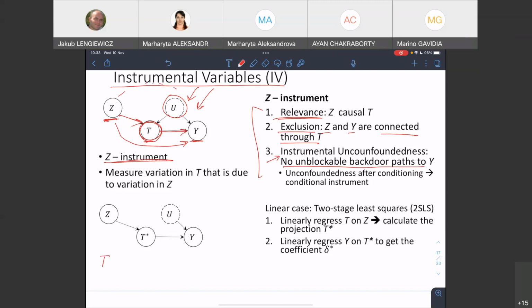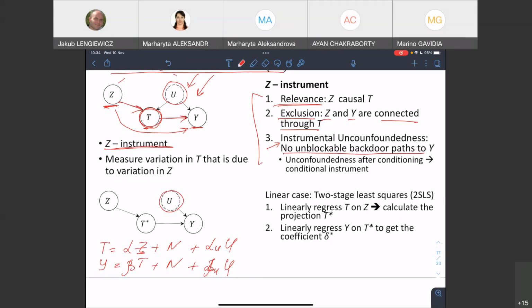That is, T is a linear function of Z plus some noise, and Y is a linear function of T plus some noise. And the way U is incorporated is also linear. So T is a linear function of Z and U, with, let's say, alpha U. And Y also has a linear component, let's say beta U, of the confounder U.